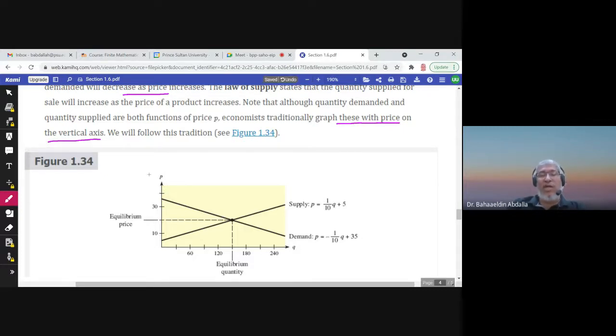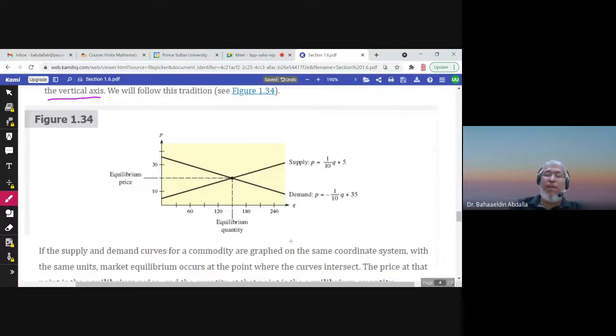So on the vertical axis, we will always put the price, and the quantity demanded or supplied would be on the x-axis. That's why the equation would also always be solved for P, because P represents the y-axis. So P would be equal to 1 over 10Q plus 5.